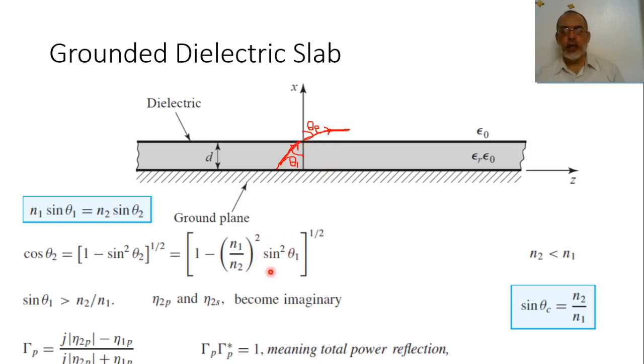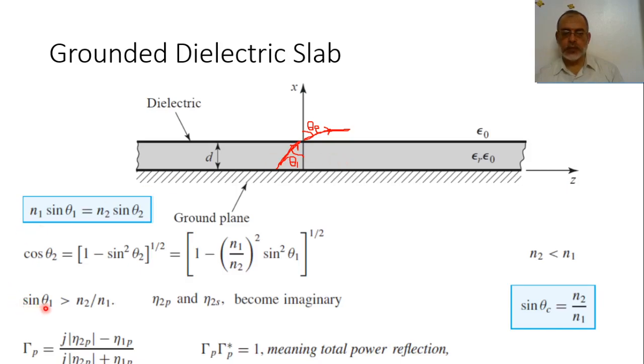The angle at which (n1 over n2) squared sine squared theta 1 equals 1 is called the critical angle. So the critical angle, sine theta critical, equals n2 over n1, such that n1 over n2 multiplied by sine theta critical would be unity. And if the incident angle is greater than theta critical, then there will be total reflection inside the dielectric.